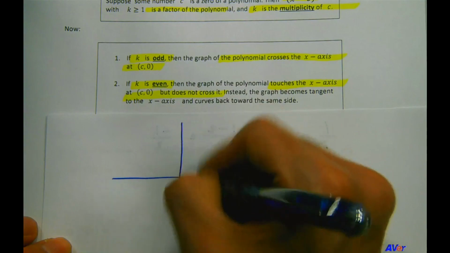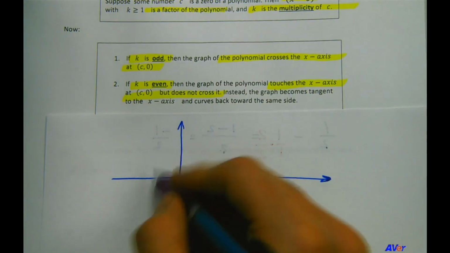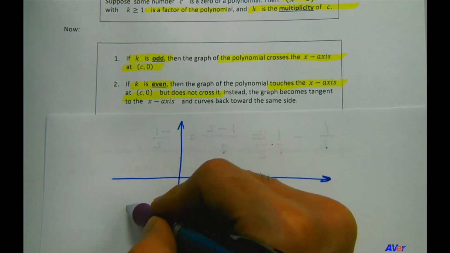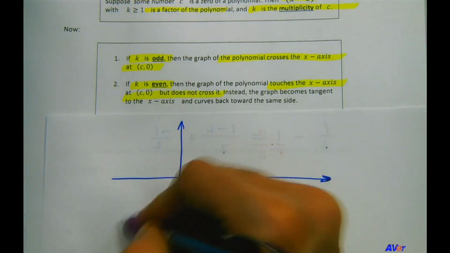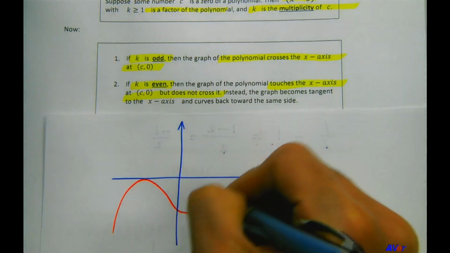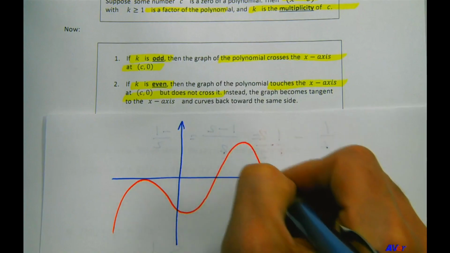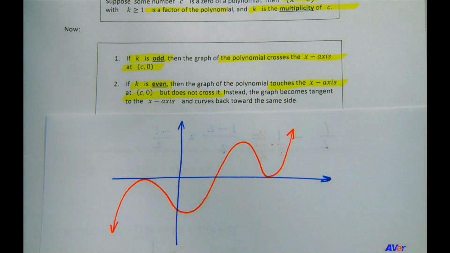Suppose we draw a graph of a polynomial, and we have something like this, that, this, that, and that. Okay? Let's say that's how the polynomial graphs.